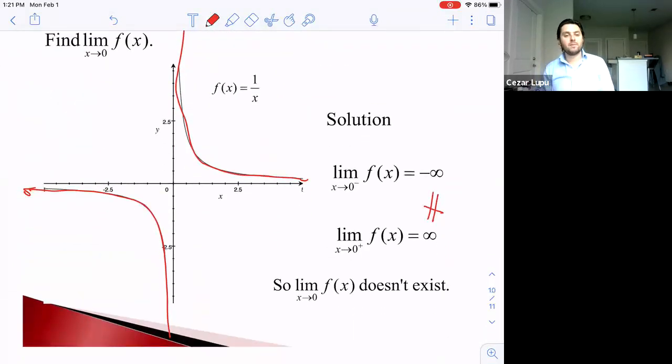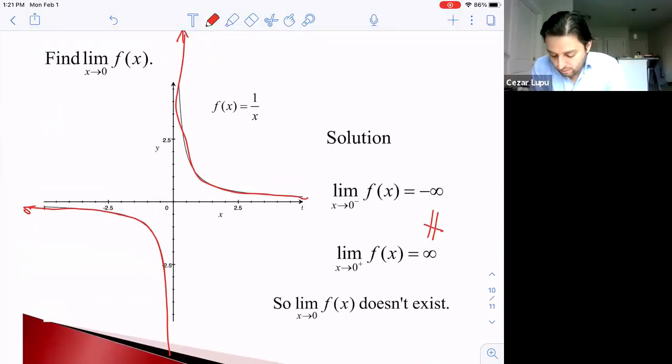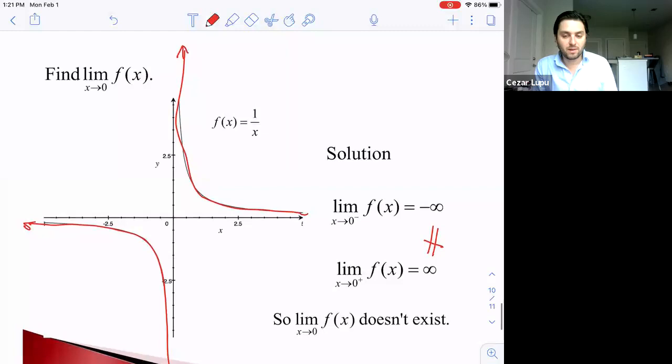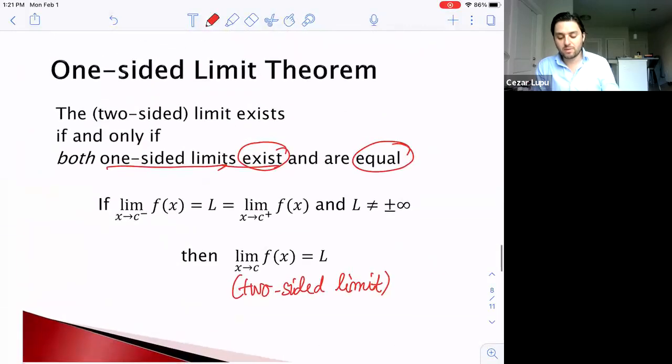What was his question? His question was whether the limit does not exist because one of them is actually infinity. And you don't even need to check that these two are equal. Even if these two are equal, you can say that. The one-sided limit theorem says that L has to be different from plus or minus infinity.